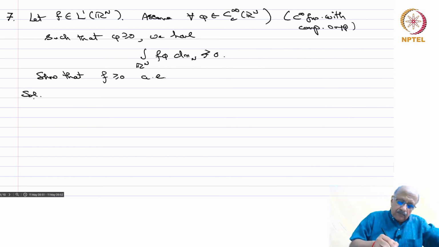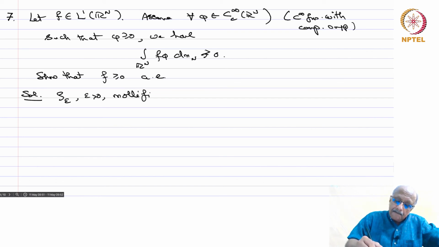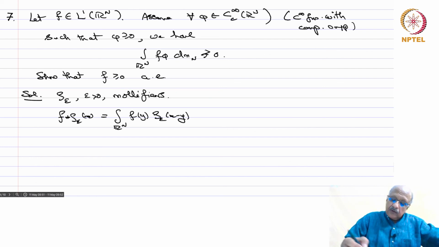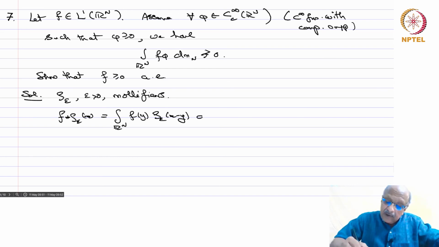Solution. We take ρ_ε mollifiers. Then f * ρ_ε(x) is equal to the integral over R^n of f(y) ρ_ε(x-y) dm_n(y). Convolution is commutative, so you can write it in any way you like.